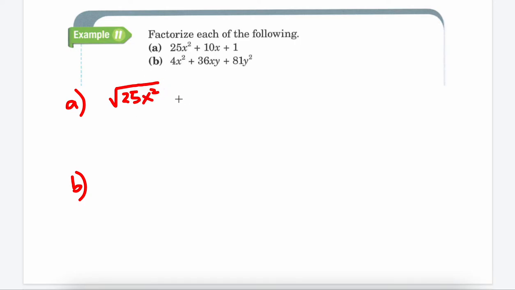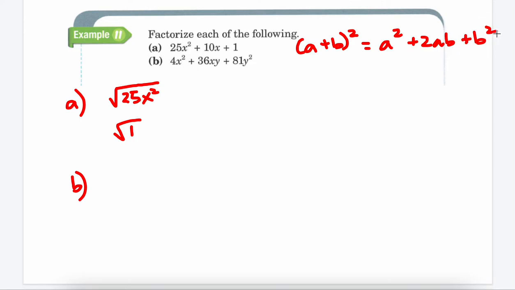Before I would have squared, so now working backwards, I need to square root it to get back to its original form. 1, I could also square root that last term. So it looks like it's going to be one of those perfect squares with addition. So if you remember, that shortcut was a squared plus 2 times a times b plus b squared.